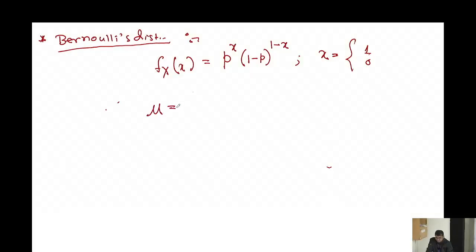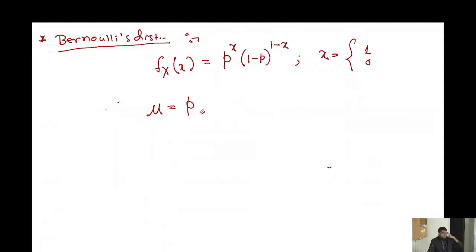So it will be 1 times P, for x equal to 1, plus 0 times 1 minus P. So 0 times 1 minus P will be equal to 0, and 1 times P will give you P. So your probability is equal to your expectation in the case of Bernoulli distribution. It's a unique property of Bernoulli distribution where your probability is your expectation. It will generally not happen. So mu is equal to P.